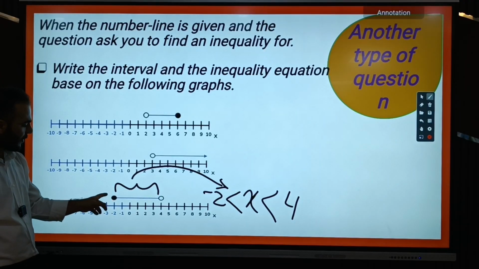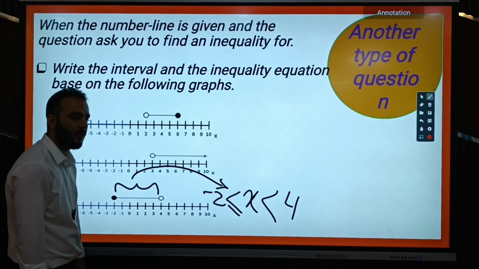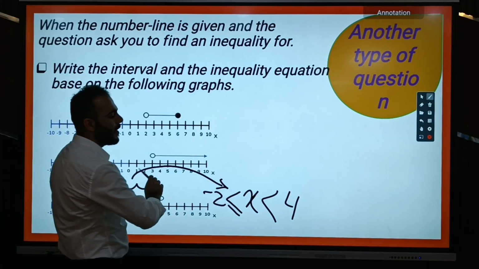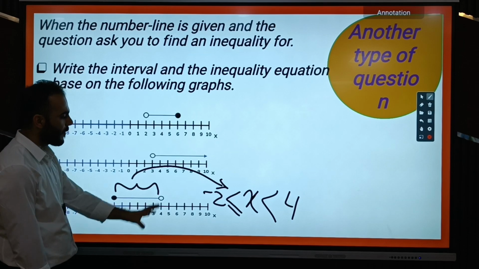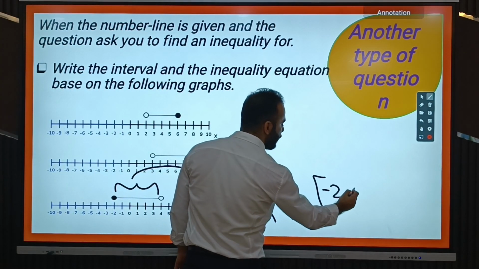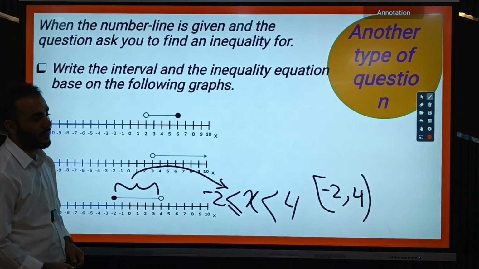Is the circle empty or shaded? It's shaded, so we are going to write an equal under this inequality symbol on this side. And how about the right side? It's empty, so leave it like this. So from negative 2 to positive 4, with a closed bracket on negative 2 and an open one on 4. And I hope that it is clear.